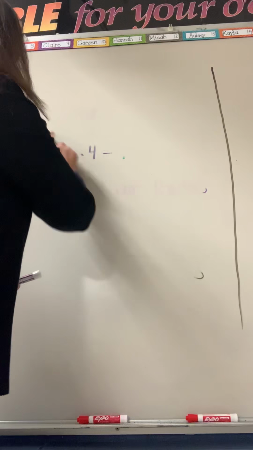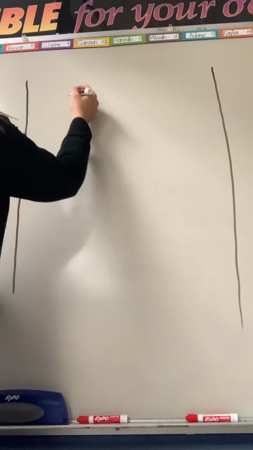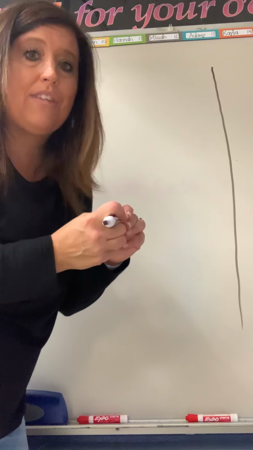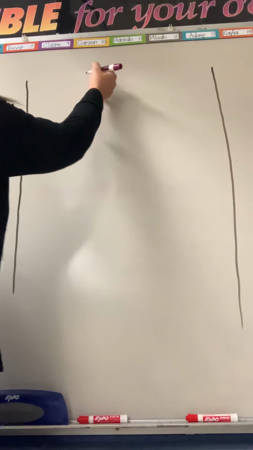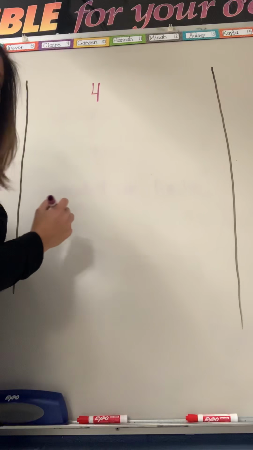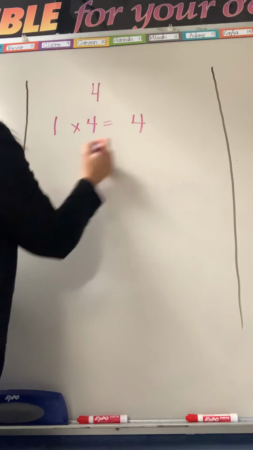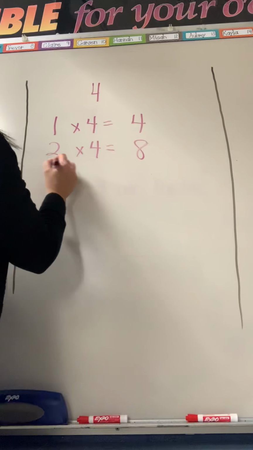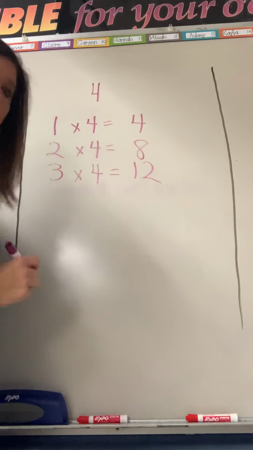I'm going to start with 1, just like I did before with factors. But this time if I'm looking for a multiple of a number, I'm going to use that number as part of the multiplication problem. So if I'm looking for the multiples of 4, I'm going to start with 1. 1 times 4 equals 4. 2 times 4 equals 8. 3 times 4 equals 12.